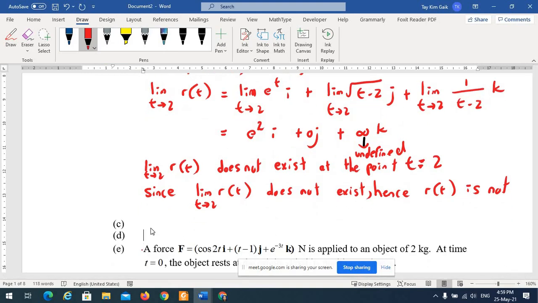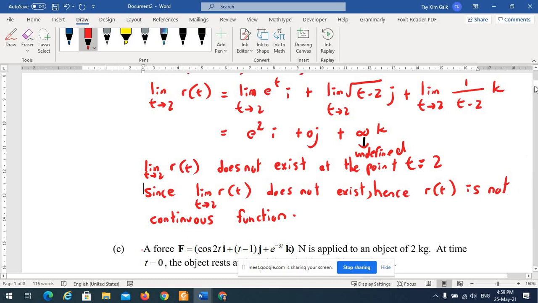So that is the answer. The answer for the limit is that the limit does not exist because component k is undefined, when you get infinity, which is undefined. Once the limit does not exist, then the vector valued function r(t) is not a continuous function.